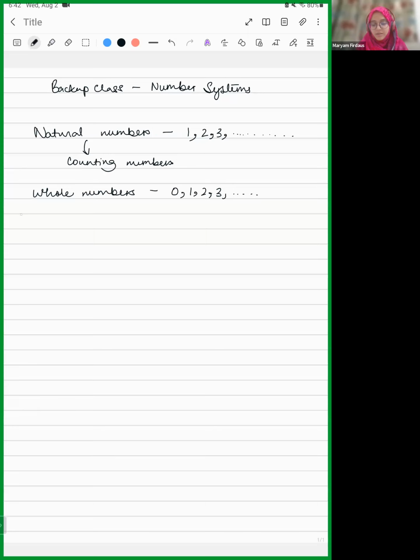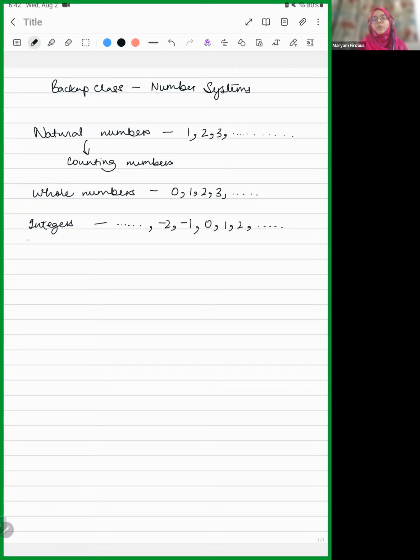Integers. Integers are basically whole numbers and their negatives. They are whole numbers like 0, 1, 2, and so on, and their negatives. So 0's negative is 0 itself, and -1, -2, and so on. These are integers.